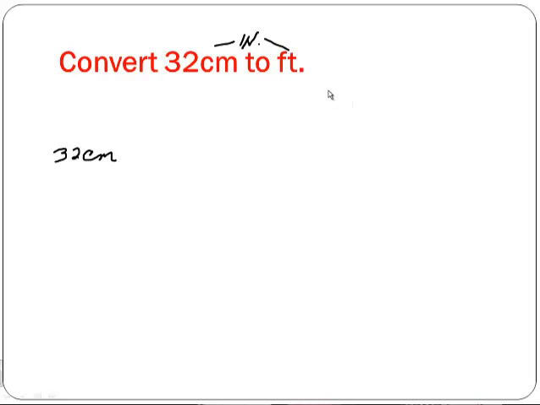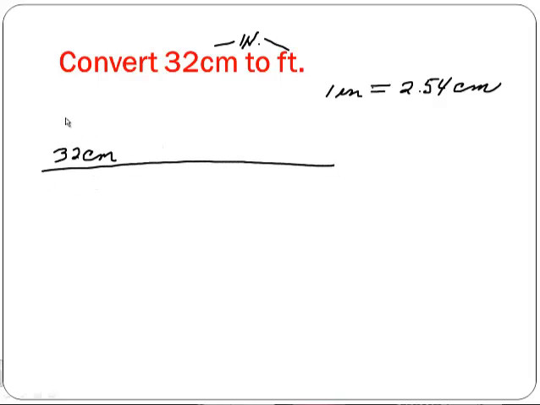I know that 1 inch is equal to 2.54 centimeters. And now I'm going to draw my railroad tracks, and I'm going to remember to write question mark, I'm looking for feet. That's my final answer, what I would like to see.